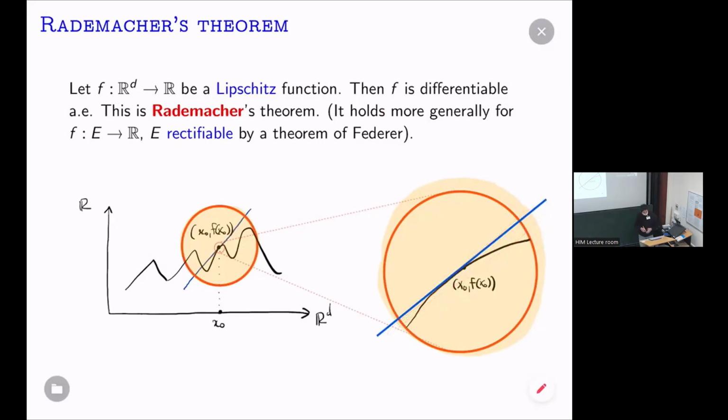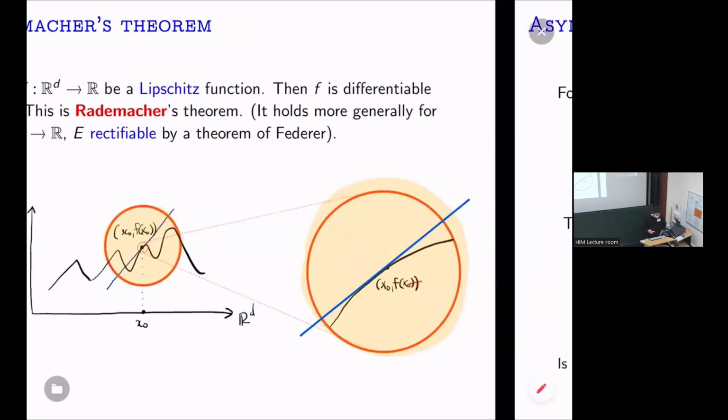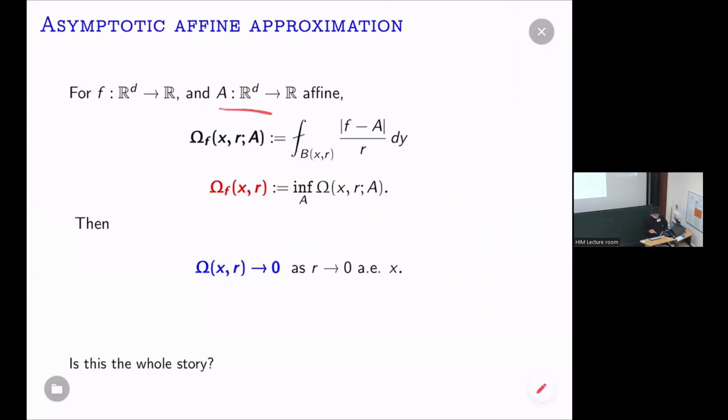So then suppose now we define this quantity, so f from R^d to R, then A, an affine function. Then we define omega f of x, r with A as this sort of average integral where we compare f to A, and then we divide by r because we want a scale invariant quantity.